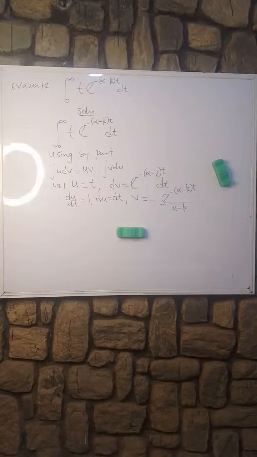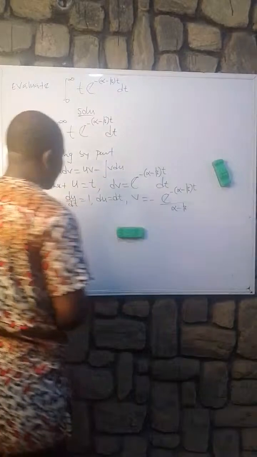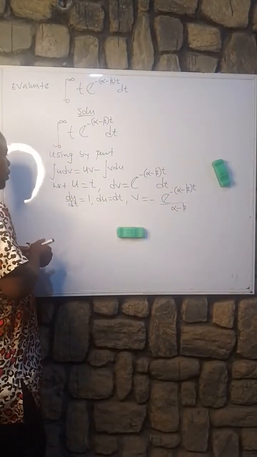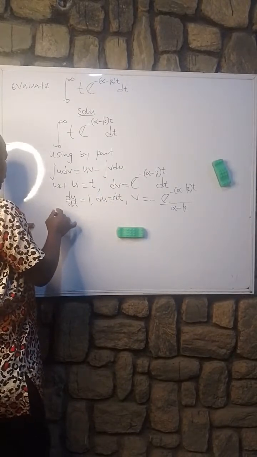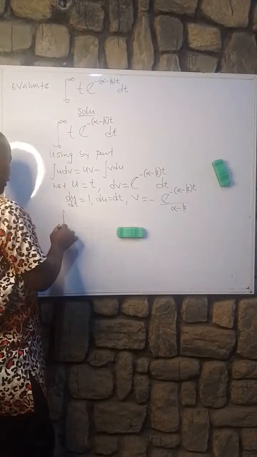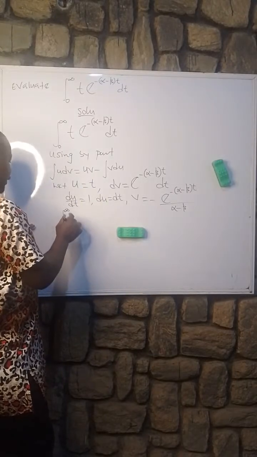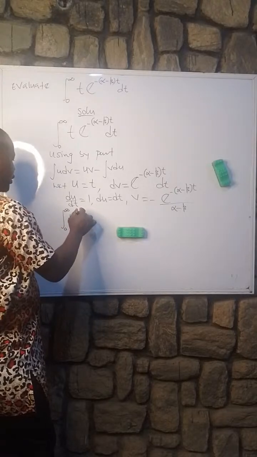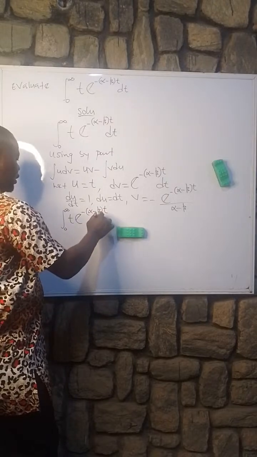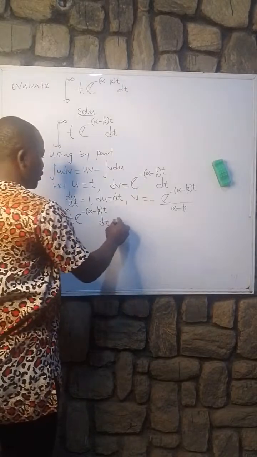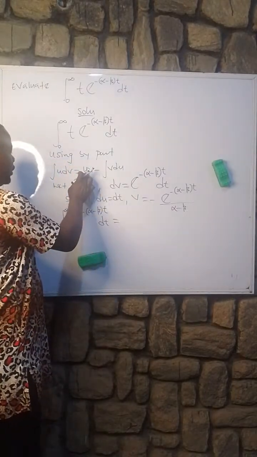Okay. Yeah. So, as I was saying, what we need to do here is to substitute this into this integral. So we are going to have integral 0 to infinity t exponential minus open bracket alpha minus beta t dt now equals, what is our ordinary u?